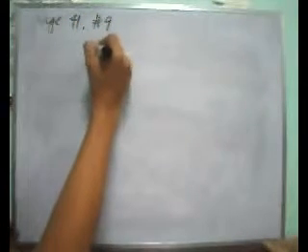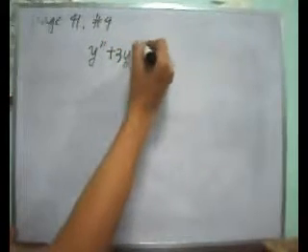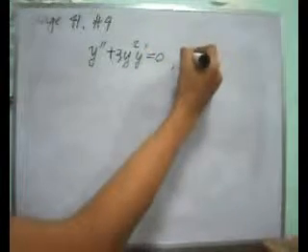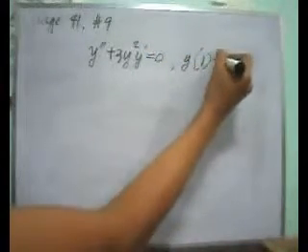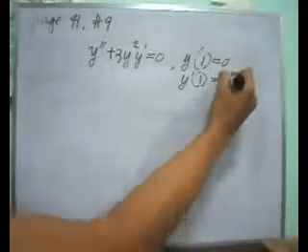Okay, good afternoon. We will be solving page 41, number 9 of your Advanced Engineering Mathematics by C. Ray Wylie. Now, we're given the problem that y double prime plus 3y squared y prime is equal to 0, and that given the initial conditions y of 1 is equal to 0, y prime of 1 is equal to 0.